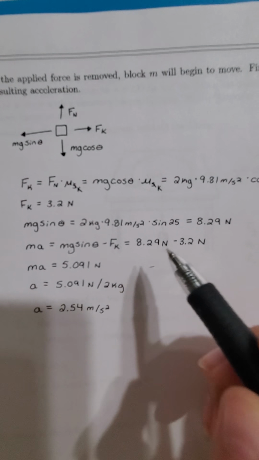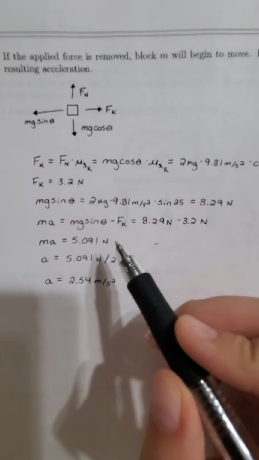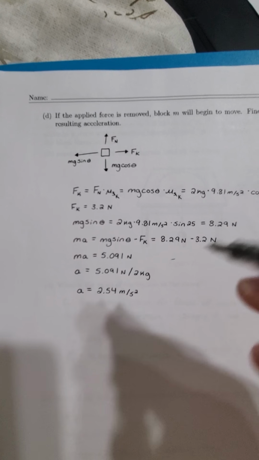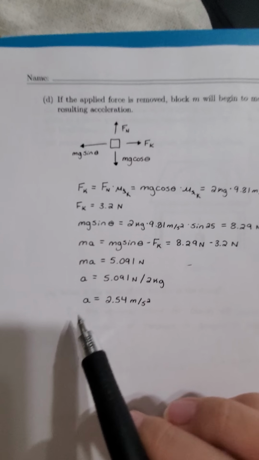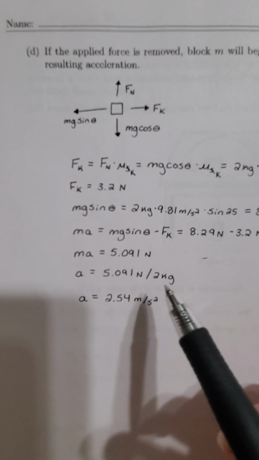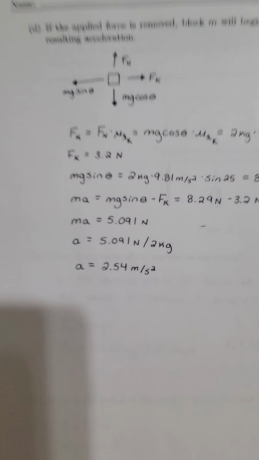So 8.29 newtons minus 3.2 newtons is 5.091 newtons, and that is equal to the mass times the acceleration of the block when it's sliding down the ramp. So you would just simply divide by the mass of the block, which is 2 kilograms, and that gives you your final acceleration of 2.54 meters per second squared.